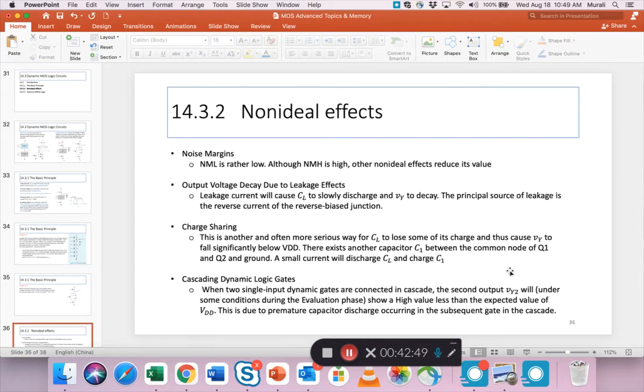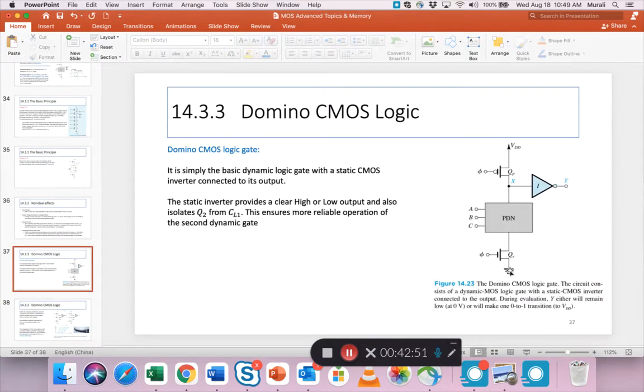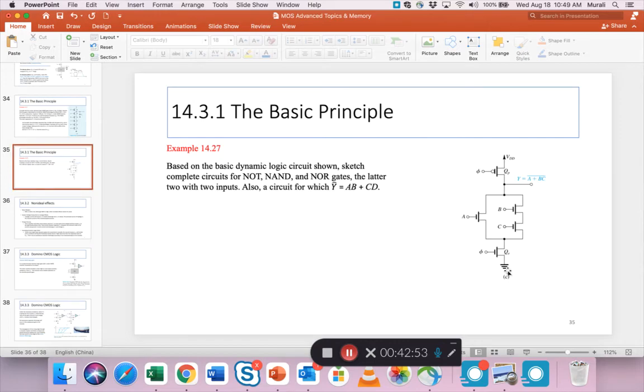All right, I've got, I think, maybe just one more problem, the last problem, and then we'll be done. 14.27. Here again, we are doing some logic gate stuff. Based on the basic dynamic logic circuit shown here, we are told that this is the circuit for Y equals complement of A plus BC.